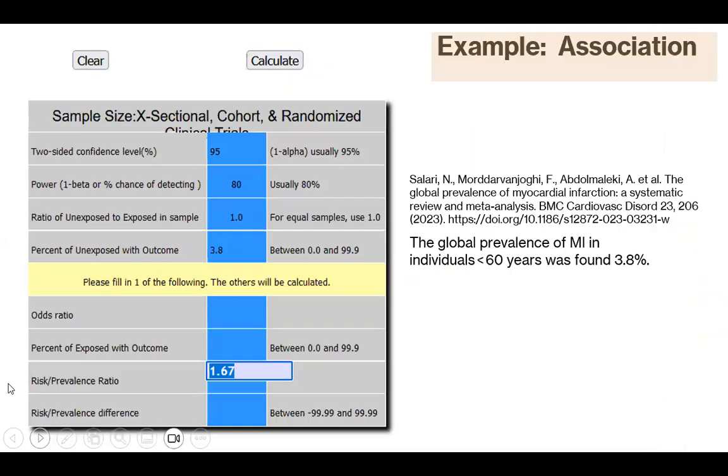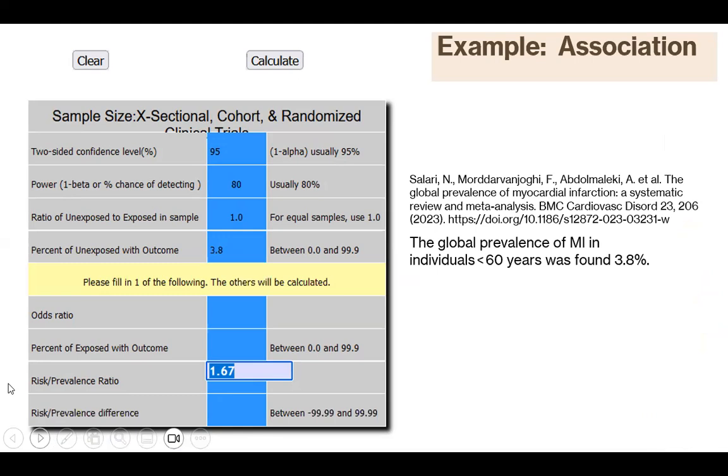For this one, I already know that the risk ratio or the relative risk is 1.67 from the study that I found. But I have yet to know what is the percent of unexposed with outcome. And basically, that is just the general prevalence of the thing that you're looking for.